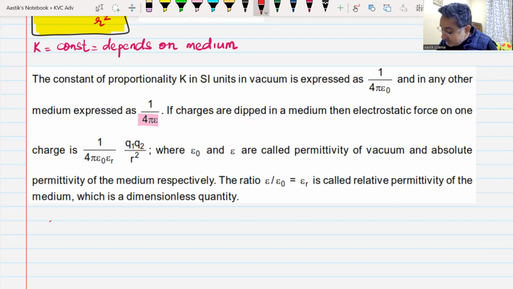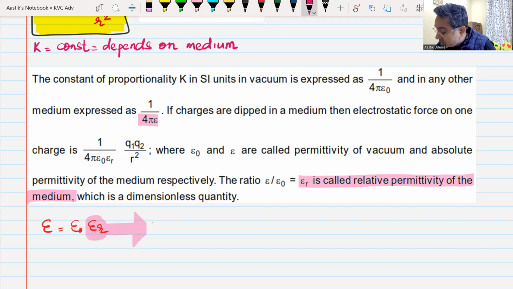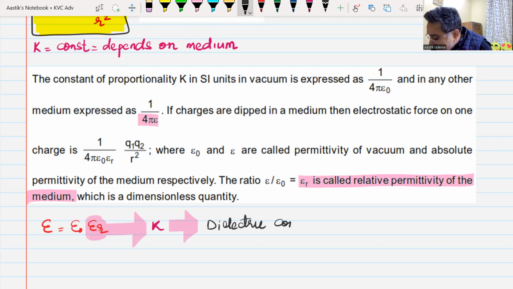And the value of this epsilon can be written as epsilon naught into epsilon r, where epsilon r is known as the relative permittivity of the medium. Do we understand this? This relative permittivity of the medium is also known by a different name, K. Have you heard this name? Dielectric constant. Do we understand this?